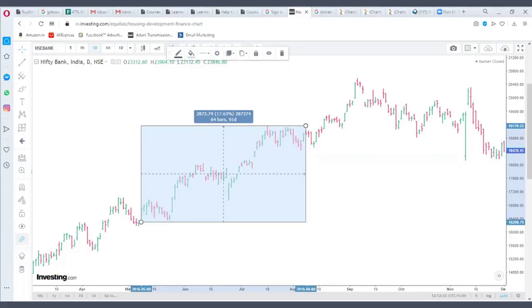So I have entered 17%, and then the date was 5th or 6th, whatever, May 2016, and exit date around this 8th of August. We will try to refine that as well.